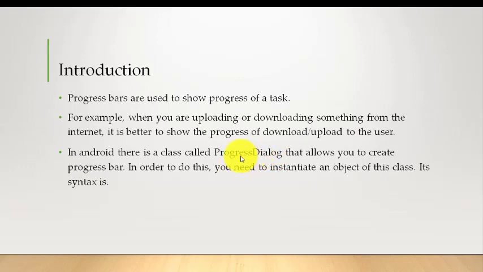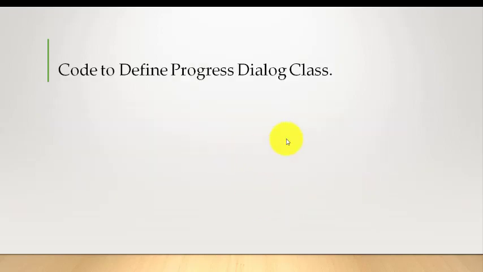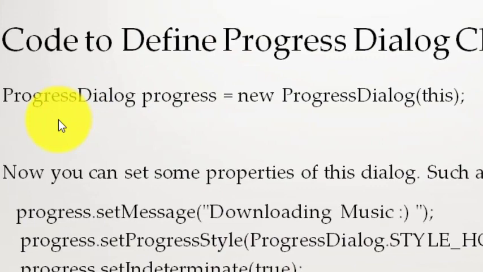So we have to create the object of this progress dialog box. The procedure to create an object of a class is called instantiation. So before displaying the progress dialog box, we have to instantiate the progress dialog box object.